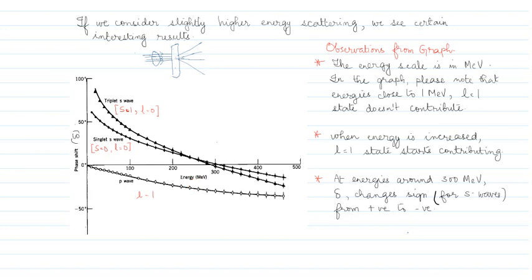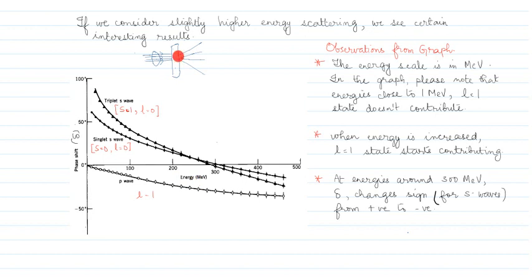As expected, you can see in the x-axis the energy of the projectile beam is given in mega electron volt. In our previous lecture, we had seen a graph with energy of the projectile beam given in electron volts. That was for low energy scattering. But here we are talking of high energy scattering and you can see the difference in projectile beam energies.